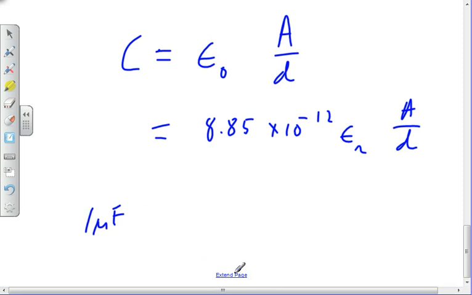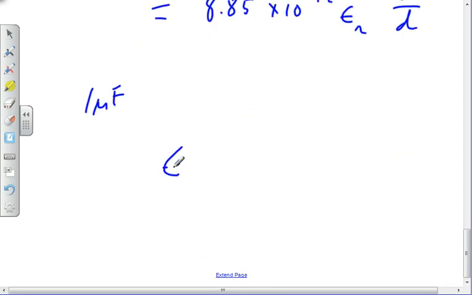So capacitance is 1 over, what is it? I don't know. I won't write it down. I won't confuse the issue with that.